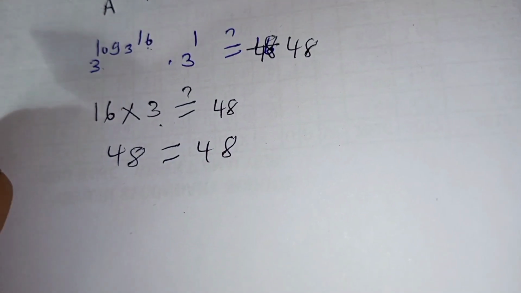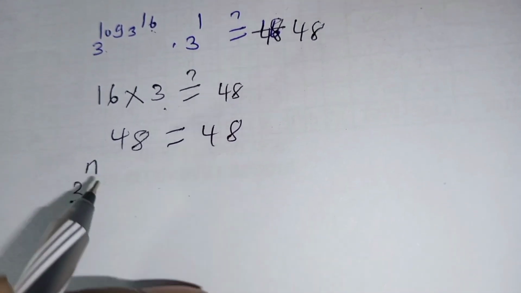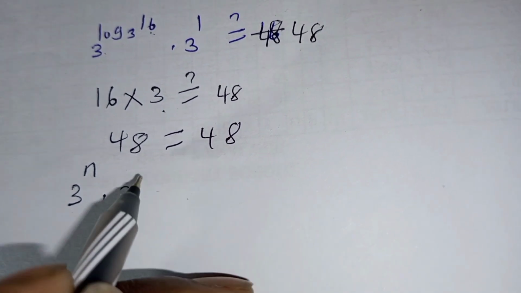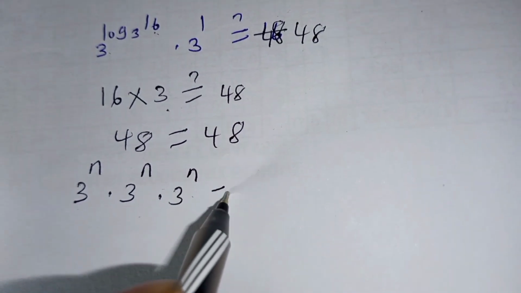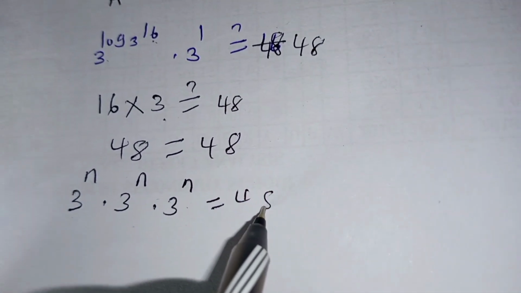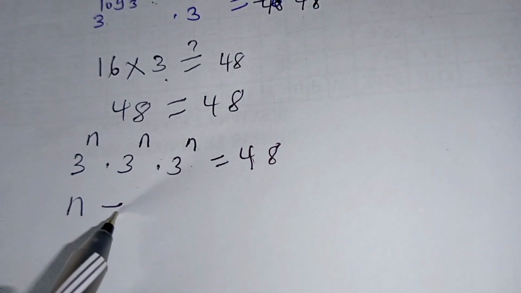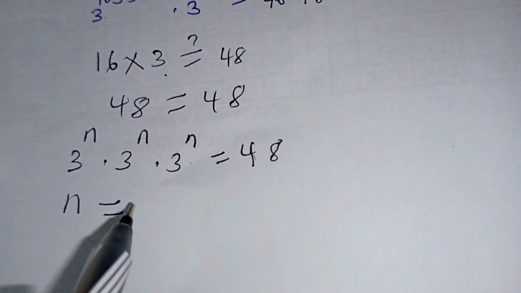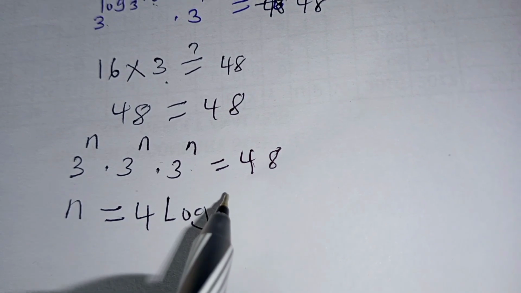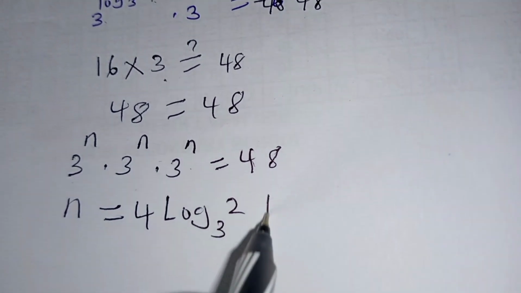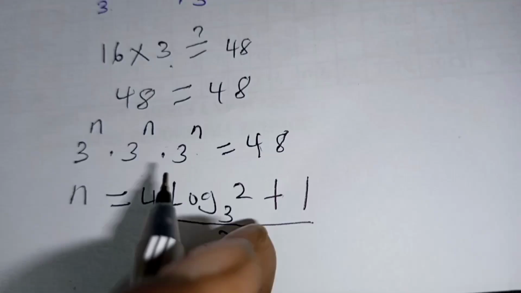And the equation has been verified, meaning that when you are given 3 to the power of n, multiplied by 3 to the power of n, multiplied by 3 to the power of n, being equal to 48, the value of n is equal to 4 log of 2 to base 3 plus 1 divided by 3.